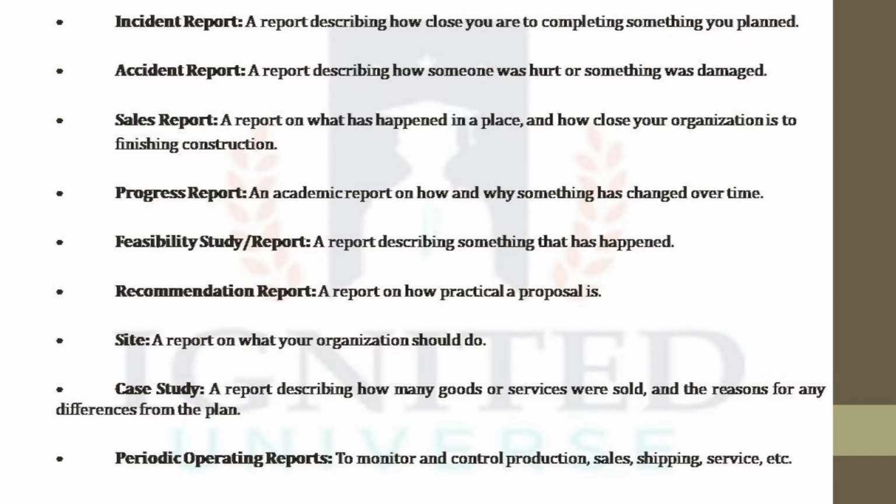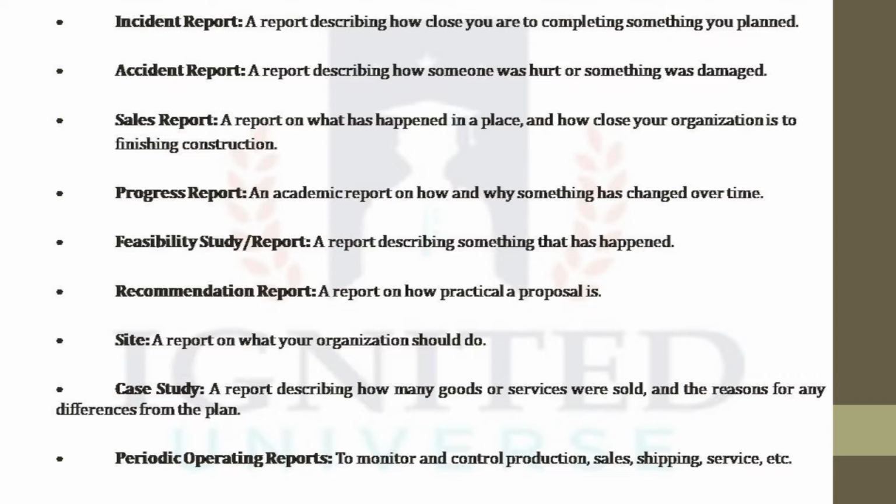So if you remember, we said that the pilot study was a feasibility study, because it conveys that we have conducted a short research survey and we are producing the report for the same. Then we can have a recommendation report, which basically highlights how practical a proposal is.